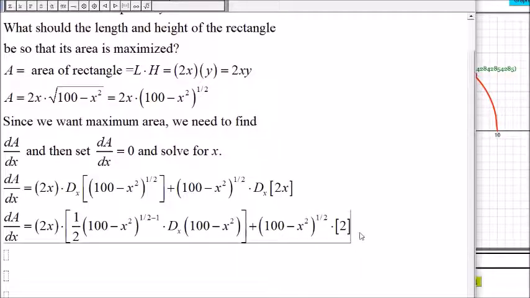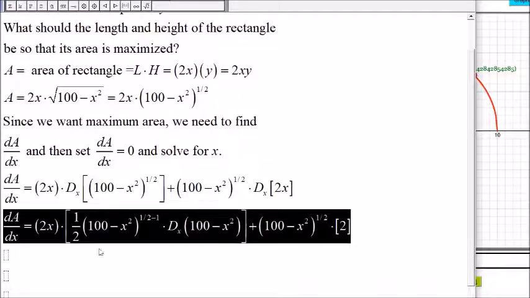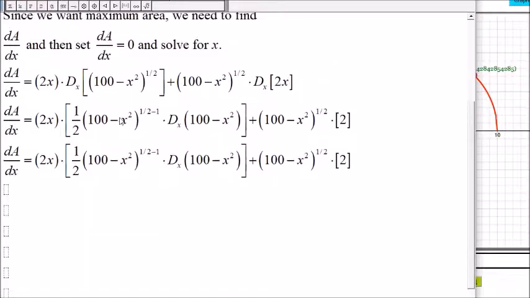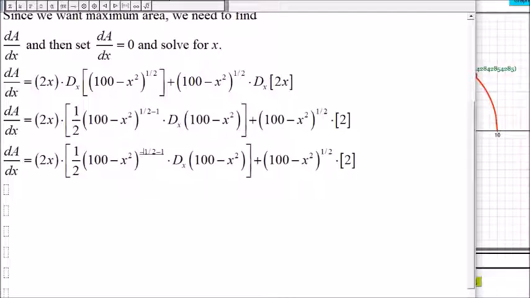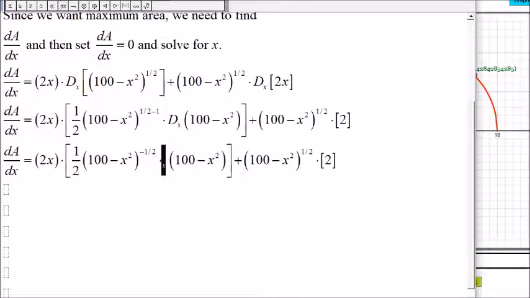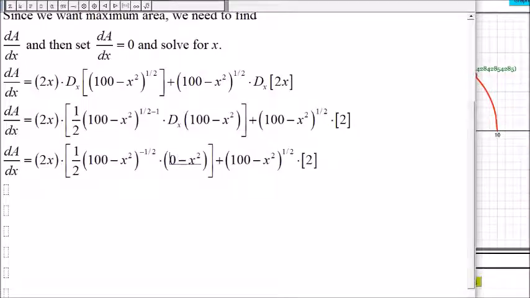So this becomes negative 1/2, since 1/2 minus 1 is negative 1/2. The derivative of 100 is 0, and the derivative of x squared is 2x, so minus 2x.